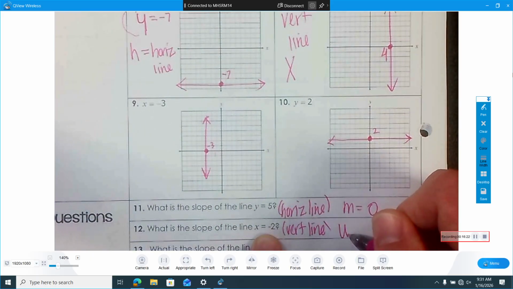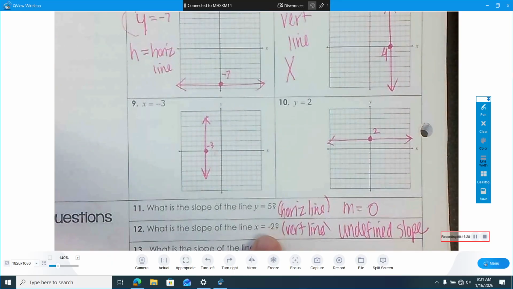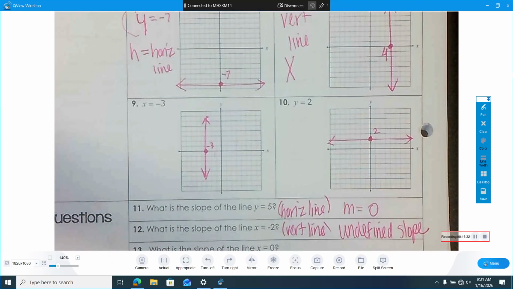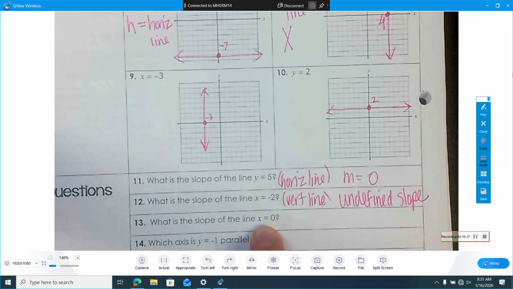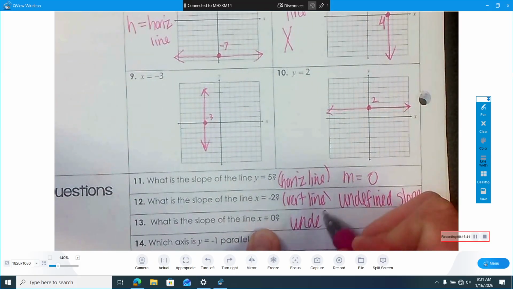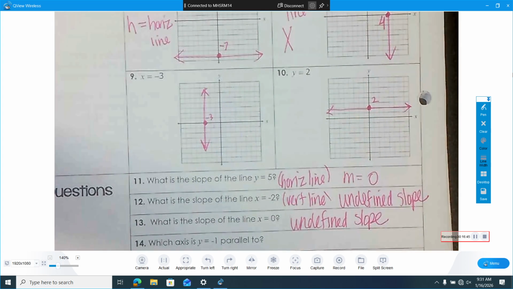Undefined slope. All right. What's the slope of the line x equals 0? Undefined. Also, it's a vertical line, so it too has an undefined slope.